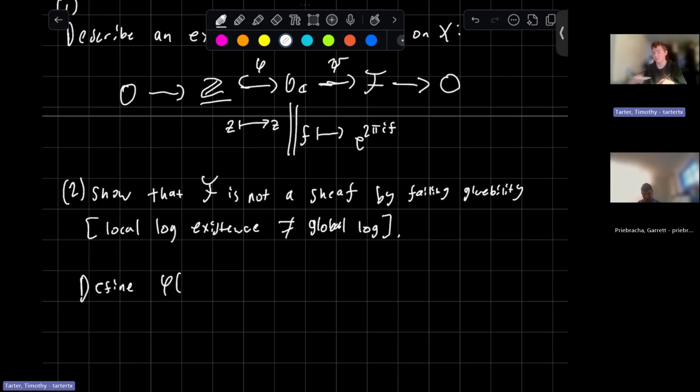Let me recall. The underline thing, I'm pretty sure it's the constant sheaf. Yeah, it is the constant sheaf.